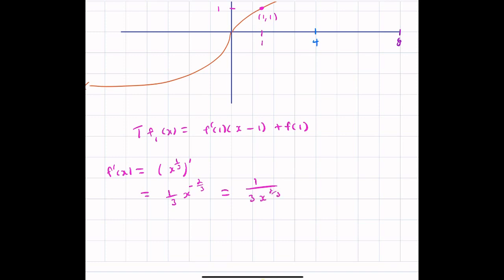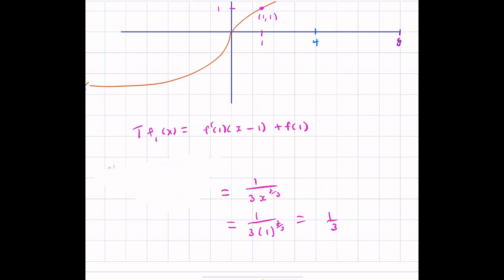At 1, x to the 2 over 3 is 1, so this just becomes 1 over 3. So the slope of this line is 1 over 3 times x minus 1 plus f of 1, which is 1, right? The third root of 1 is 1.